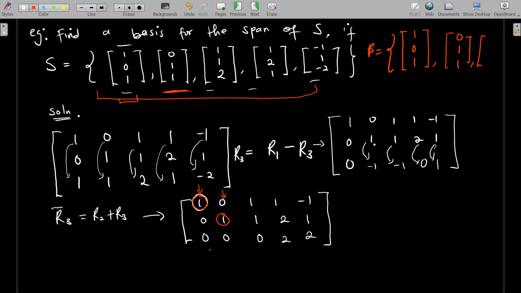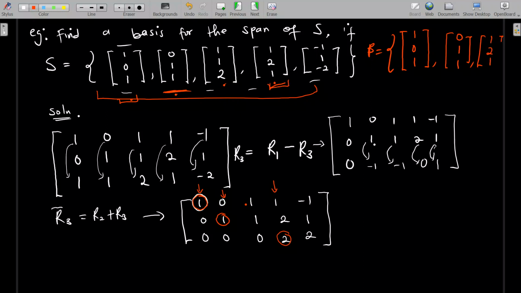This tends to be the last row. And in the last row, the leading value is 2 or maybe you can divide this whole thing by 2 and you have 1 there. It happens sometimes, but my main focus is to just look for the leading values. It's 2, and this is happening on which column? You have 1, 2, 3, 4, column 4. So I'm going to pick the vector that I placed in column 4, and that is this vector, because when I count I have 1, 2, 3, 4. This is what I picked.